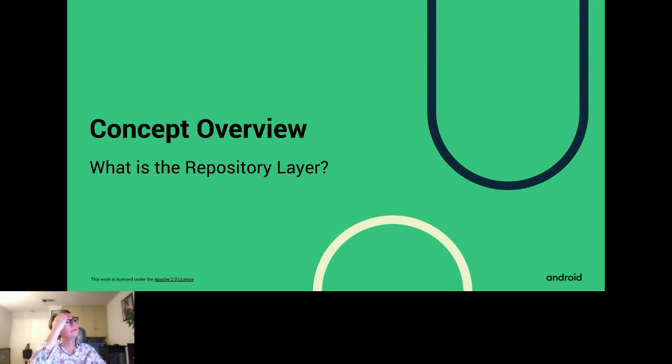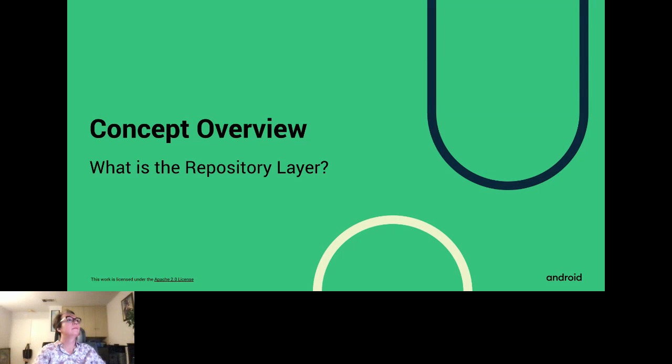Taking that structured data and then being able to manage that within your app is really key, because the way that you do that influences how your UIs will also respond to that data as well. And the repository layer is basically that. It is the repository for your data.